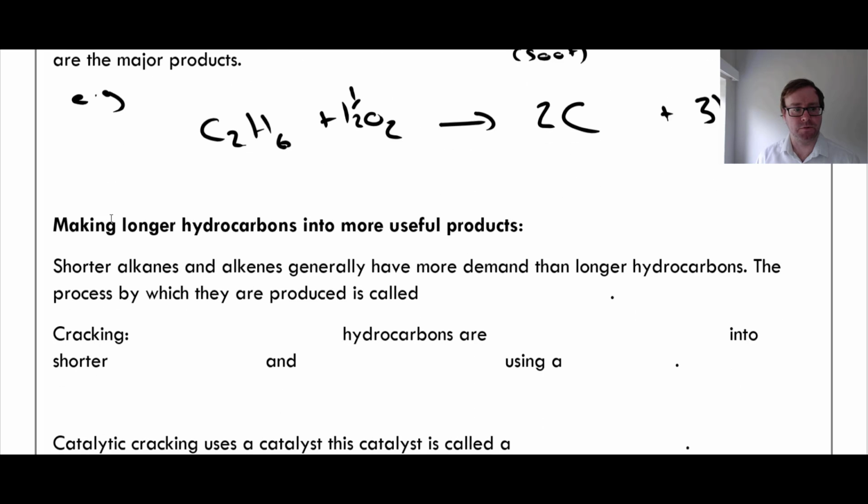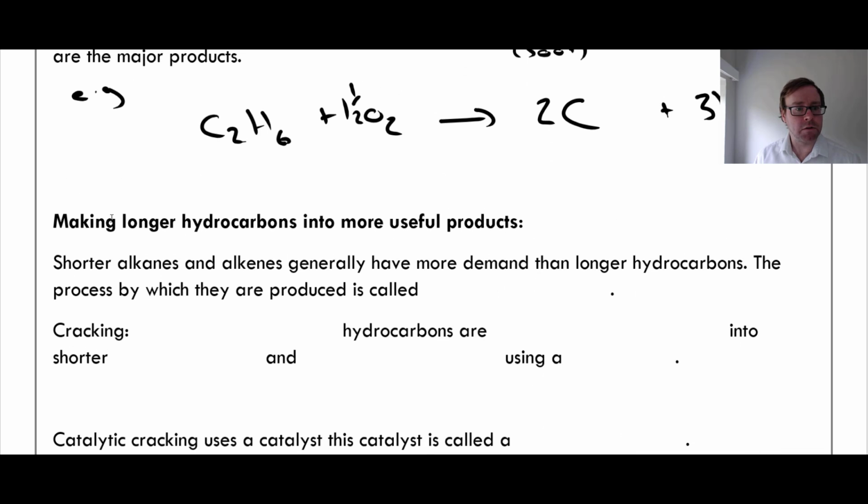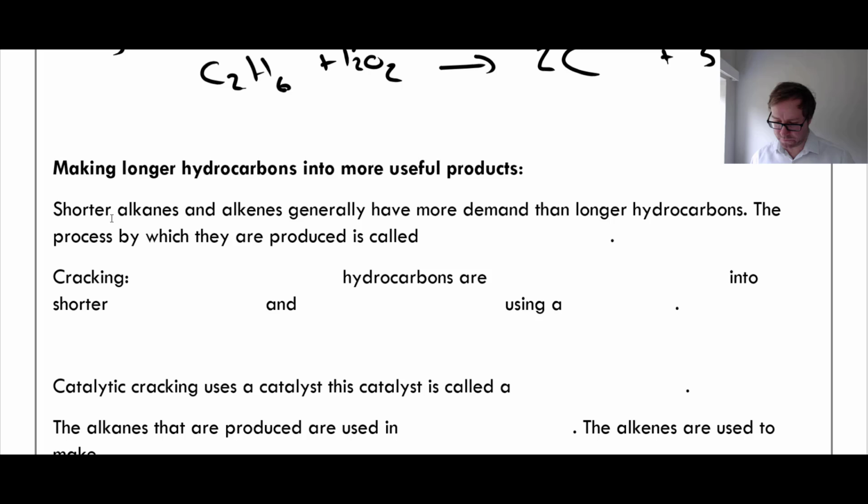Okay, right, so moving on. So making longer hydrocarbons into more useful products. So shorter alkanes and alkenes generally have more demand than longer hydrocarbons. The process by which they are produced is called cracking.